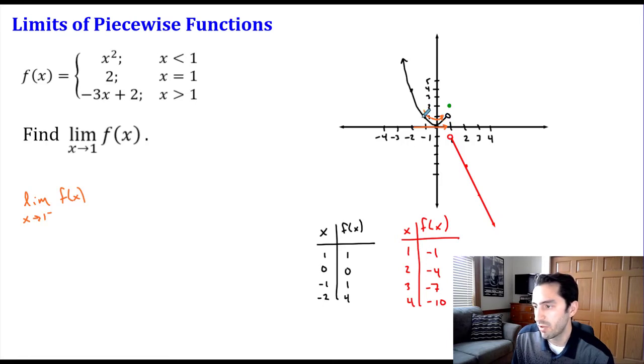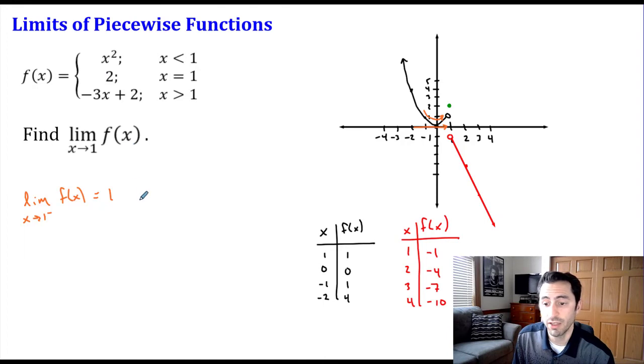So as we move along and our x values are getting closer and closer to 1, it looks like my y values, my function values, are also getting closer and closer to 1. Now, not quite to 1 because we have that open circle, but that's what they're approaching. So from the left, our limit is 1.